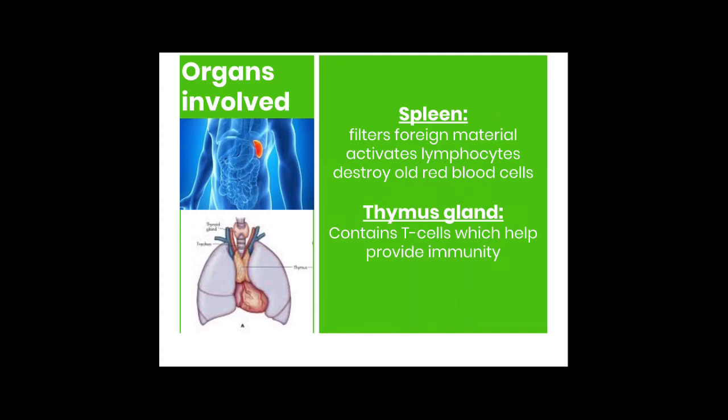The next part is the thymus gland. This contains T cells. T cells are extremely important for immunity. This is one of the things that they've been talking about in the media lately, is they're not sure if you become immune to COVID-19.